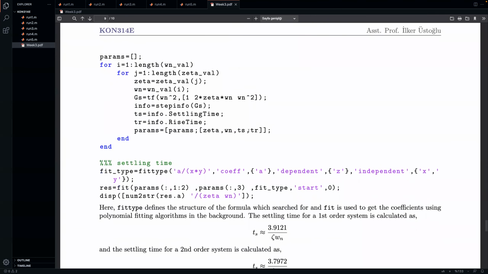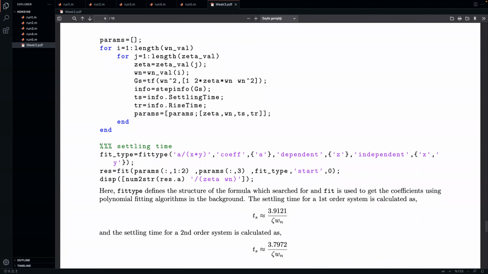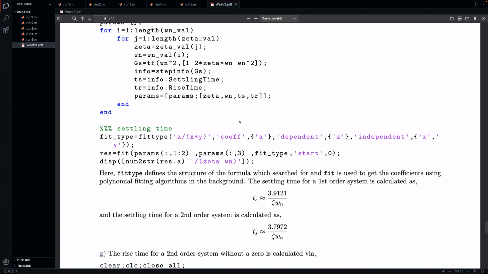We can do the same for rise time and settling time for a second order system, and you might want to try this out. Just fill a table with zeta omega n columns and a column for settling time and another column for rise time, so that you can provide them individually to the fittype and fit functions to see what the settling time and rise time are in terms of zeta and omega n for a second order system.